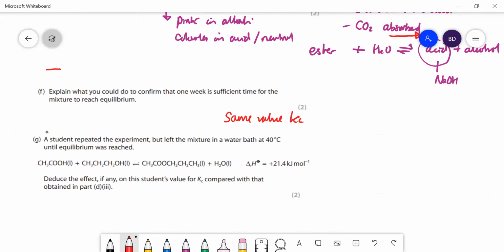A student repeated the experiment but left the mixture in a water bath at 40 degrees C. So the temperature is higher, and they tell us that this is endothermic because the enthalpy change is positive. If we increase the temperature, Le Chatelier tells us that the reaction will move in the endothermic direction.